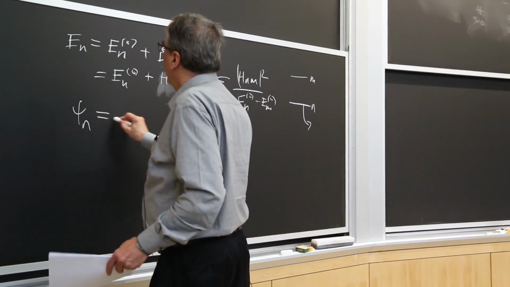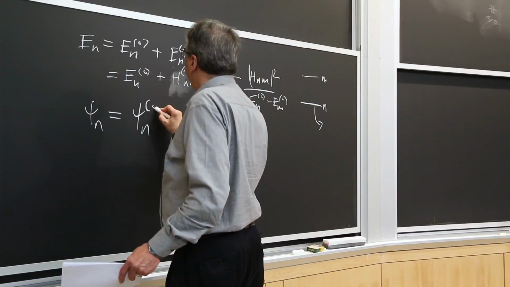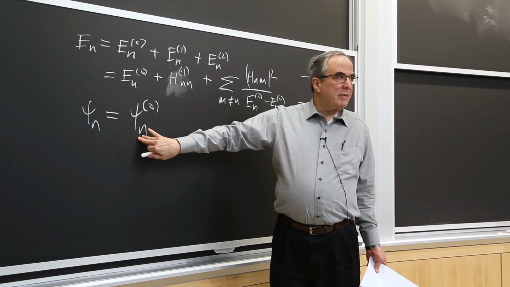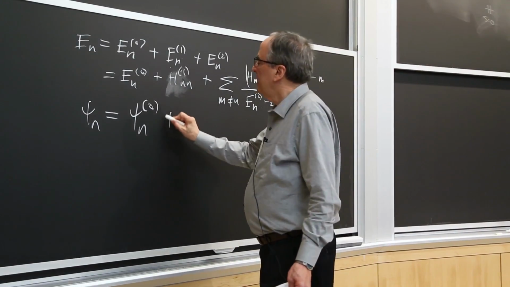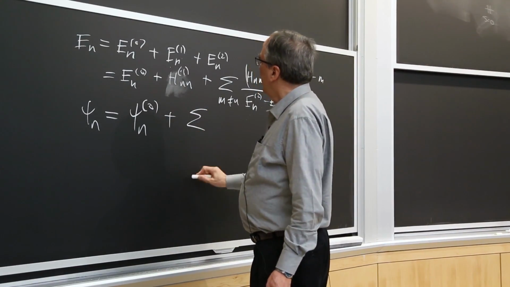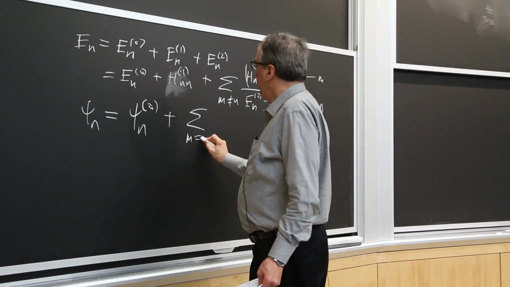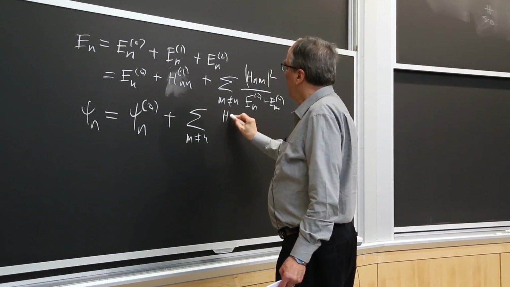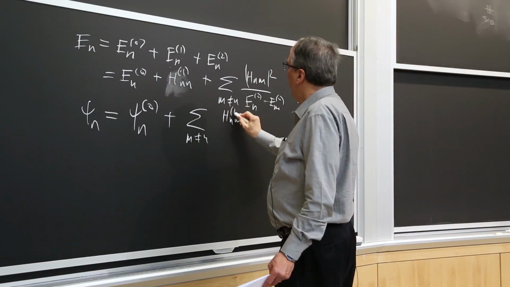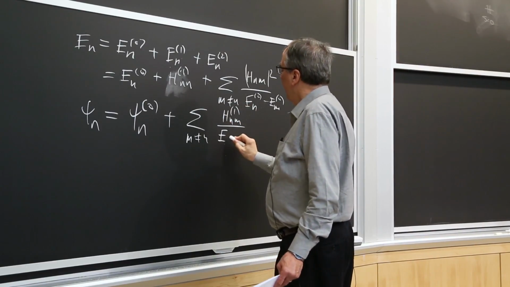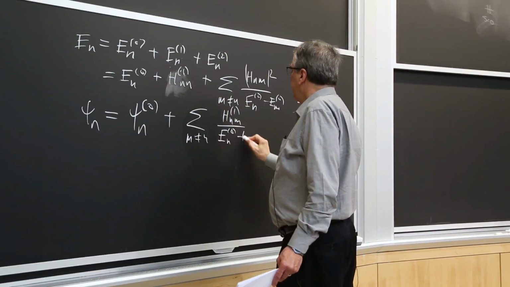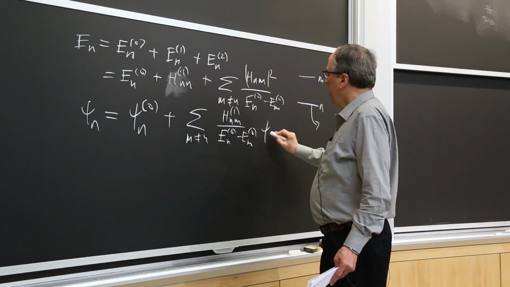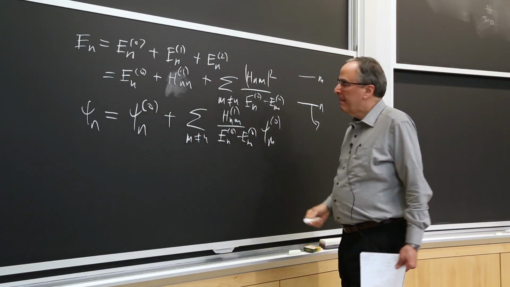And we can write the wave function as an eigenfunction of the exactly solved problem plus a term, the sum over m not equal to n of H_nm^1 over E_n^0 minus E_m^0 times psi_m^0.